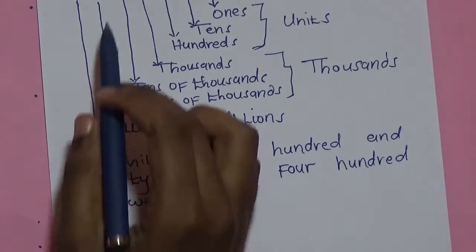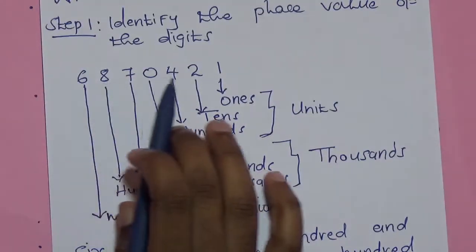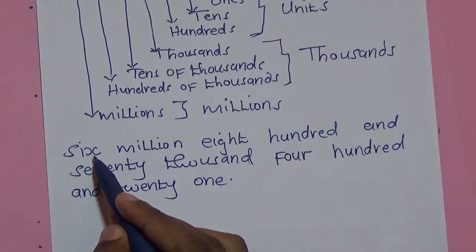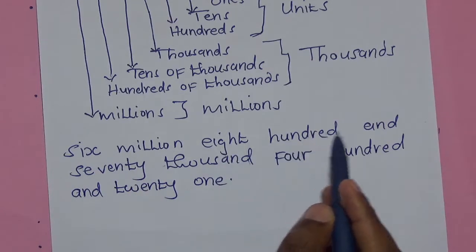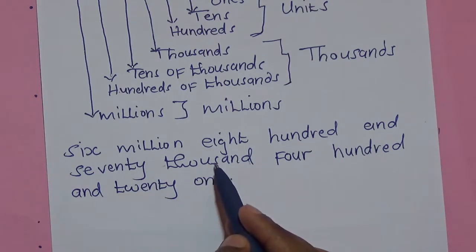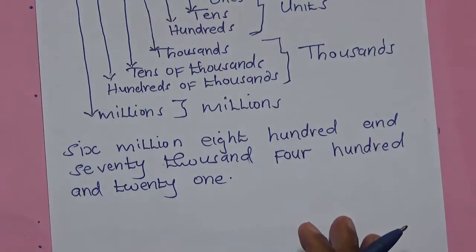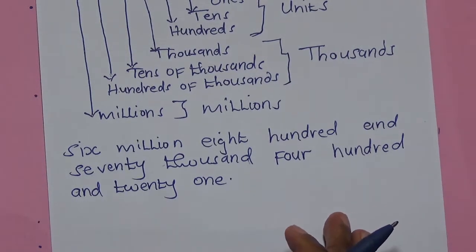So this number in words will be 6 million 870 thousand 421. That is how you go about it.